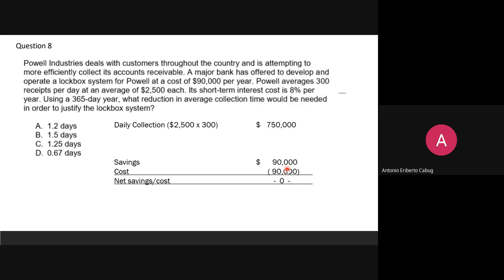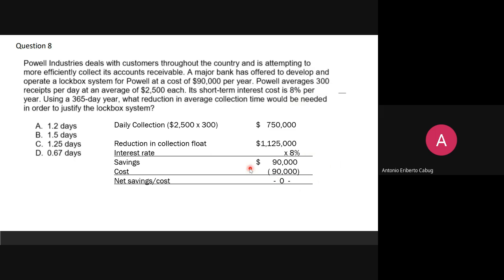For the savings to be 90,000, when you multiply 8% by the float that we're able to reduce in collection, it should give you 90,000. Working your way back in the reduction of the collection float, it should be 90,000 divided by 8%. Work back natin. 1,125,000.